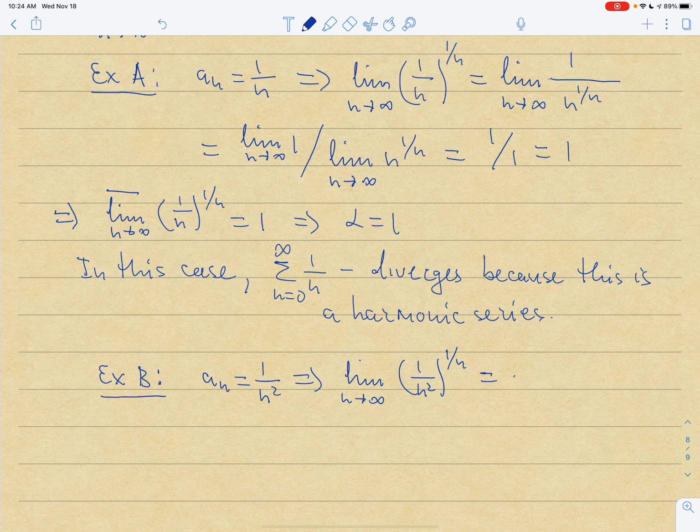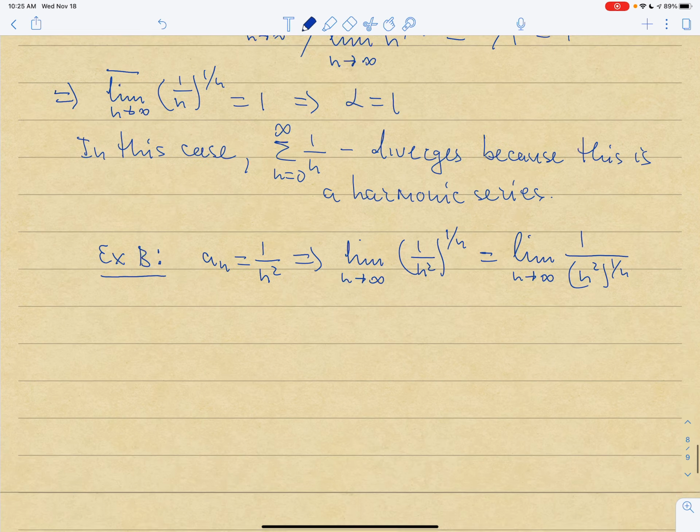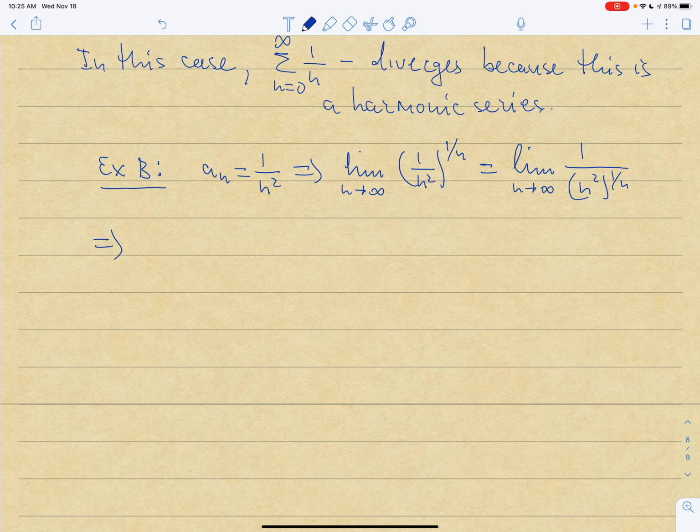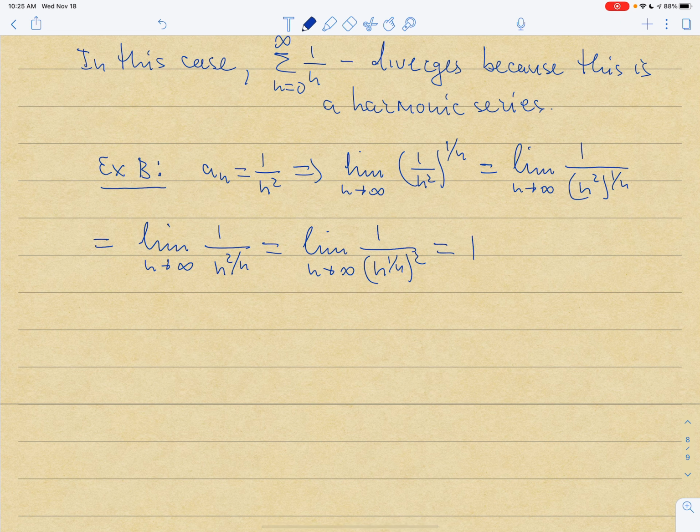This is the same thing as the limit of 1 divided by n squared to the power 1 over n, which I can rewrite as the limit as n approaches infinity of 1 over n to the power 2 over n. I can write it also as the limit of 1 over n to the power 1 over n, squared, by exchanging powers, and then just like in the first example, this limit is equal to 1.